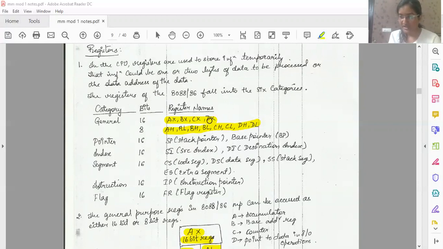The DX register, the data register, can be used as a port number in IO operations. That is the first main thing. It is also used as an implicit operand or destination in case of a few instructions.